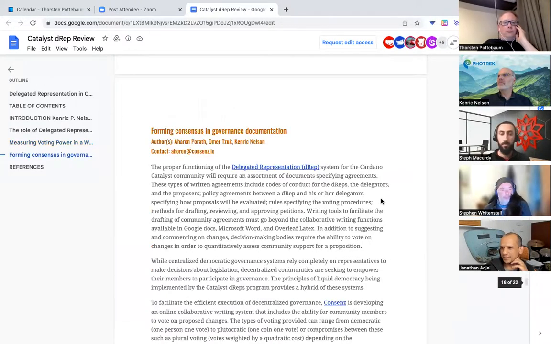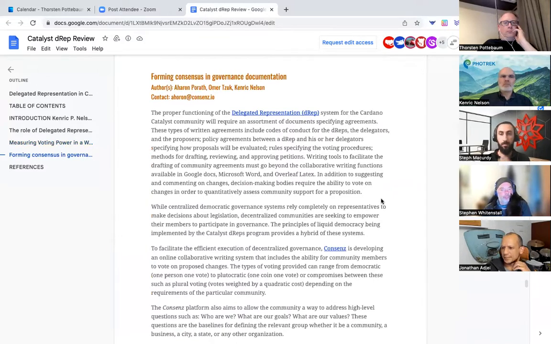Thank you, Kenrick. Our section is composed of 2 parts. Here we try to propose a way of using a consensus platform for creating and forming consensus around governance documentation.